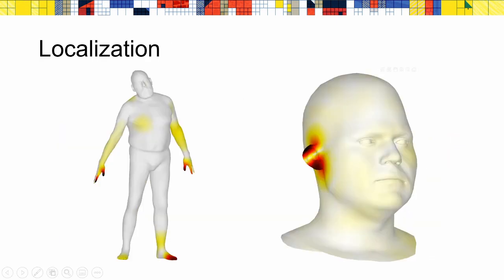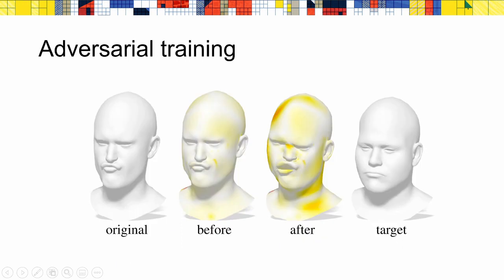An interesting property of our adversarial attacks is that they seem to be able to find semantically meaningful regions of the surface to deform. This is probably due to a combination of the localization properties of the Laplace-Beltrami eigenfunctions and our metric preserving term.